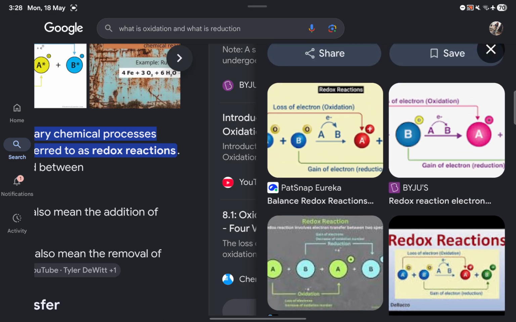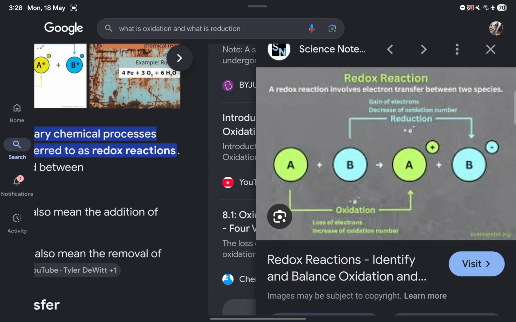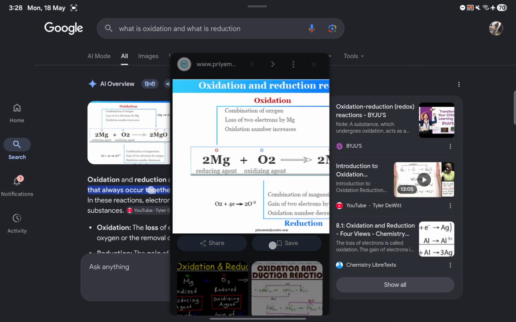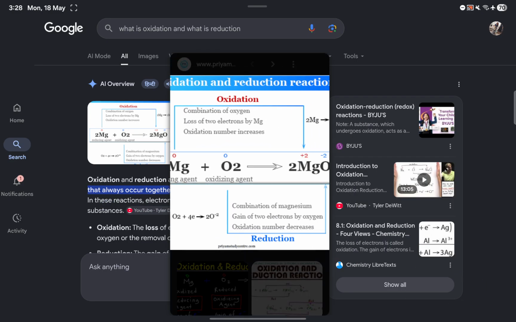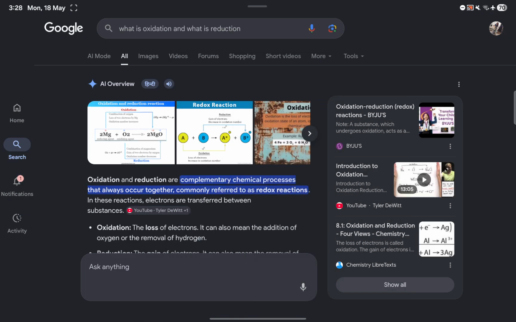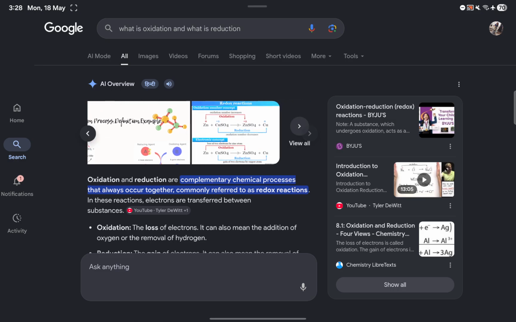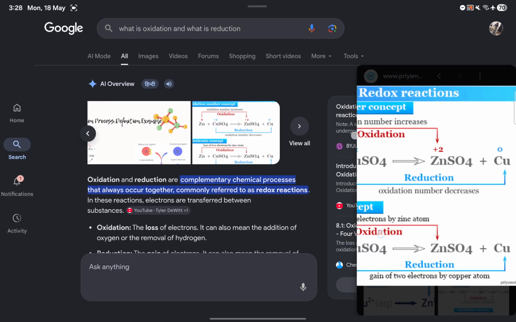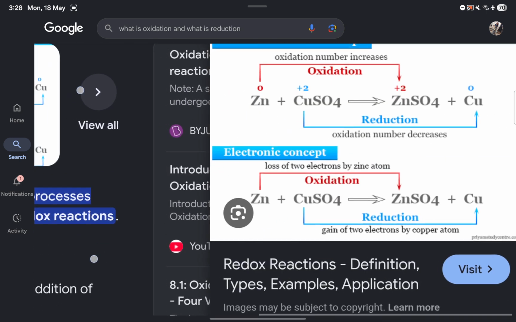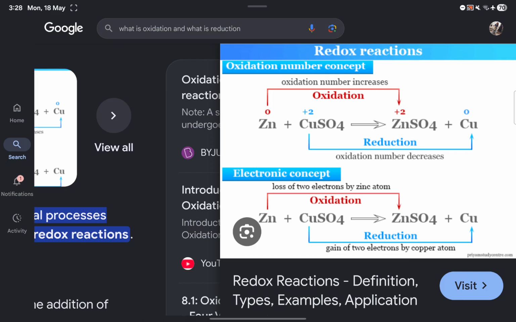Let us see a different example. Zinc, okay, and oxidation number is increasing, ZnSO4.